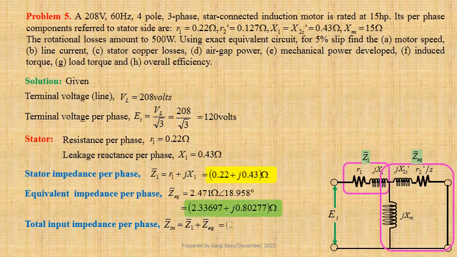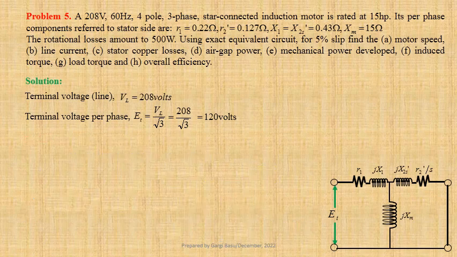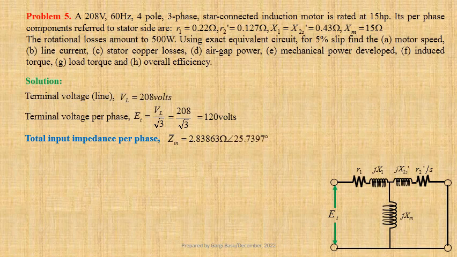Using values we get 2.55697 plus j times 1.23277 ohm. This may be written in polar form as 2.83863 ohm at an angle 25.7397 degree. We have obtained total input impedance per phase Zin equals 2.83863 ohm at an angle 25.7397 degree.